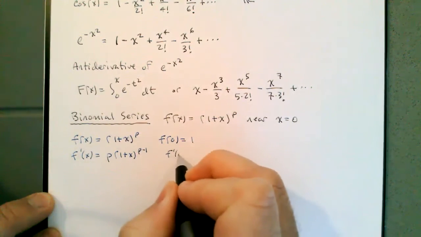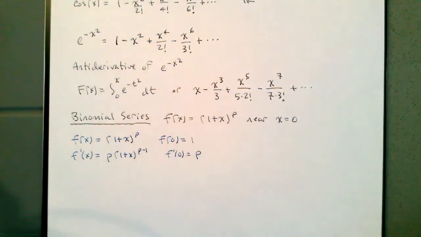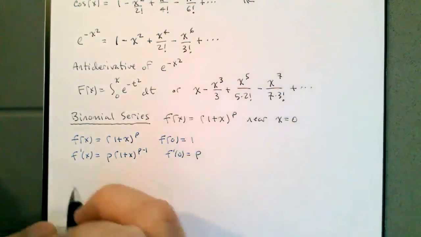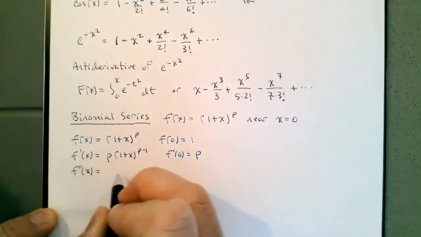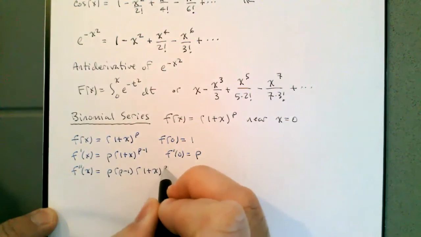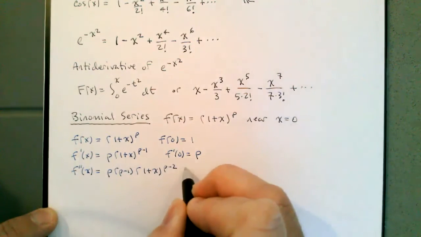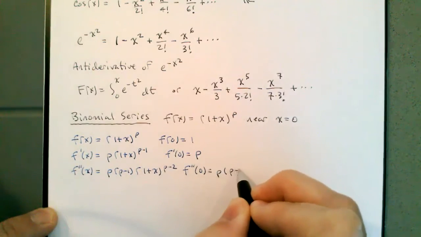So f prime of 0 is p. F double prime at x is p times p minus 1 times 1 plus x to the p minus 2. So our second derivative at 0 is p times p minus 1.